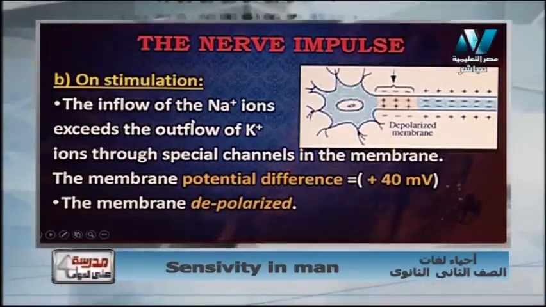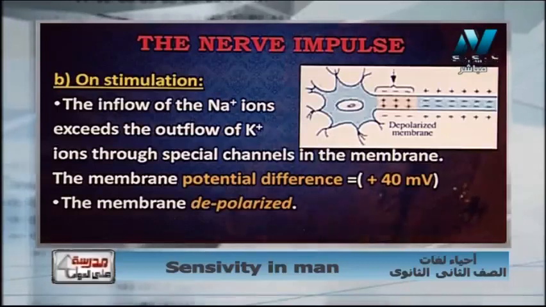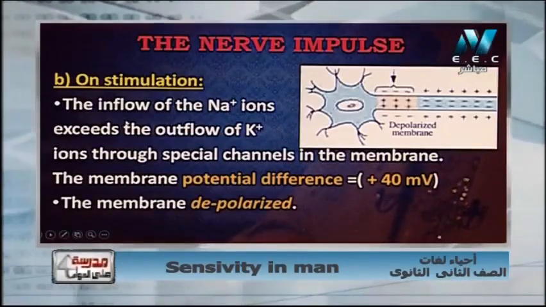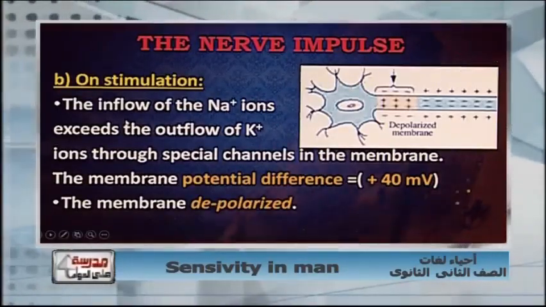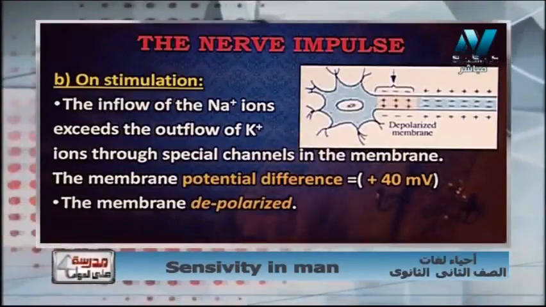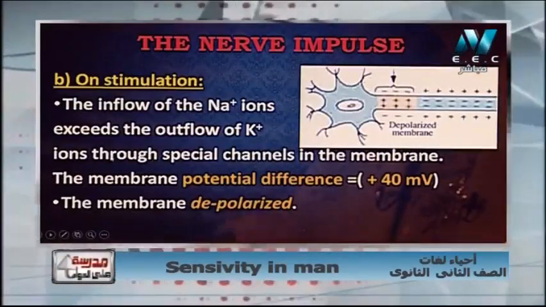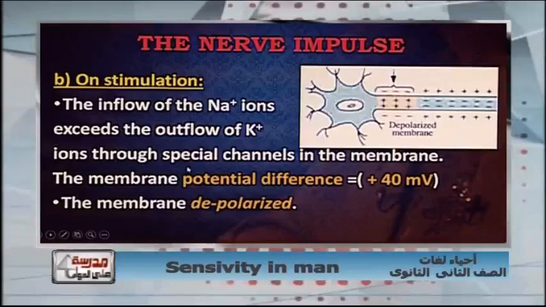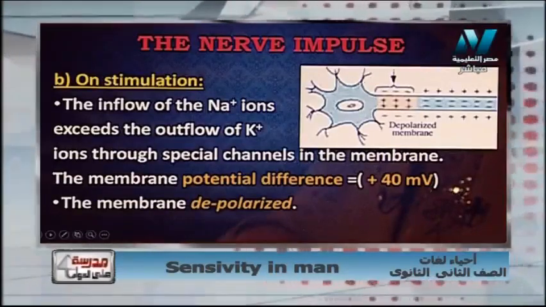At rest, the membrane has what we call the sodium-potassium pump. It keeps sodium outside and potassium inside. But in case of stimulation, it is reversed. The sodium flows inside, and the potassium is pumped outside, which is not the normal case. So potassium ions go outside through special channels in the membrane.